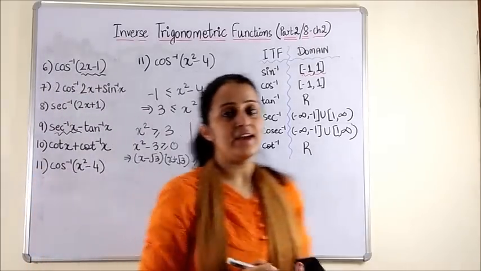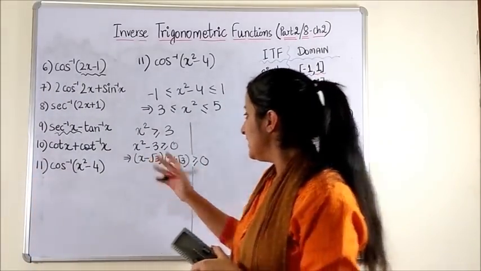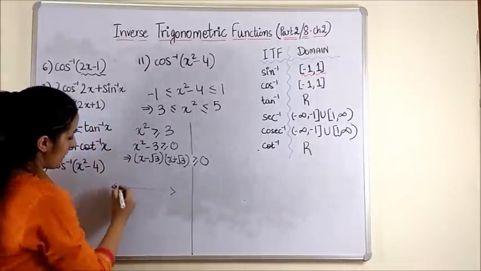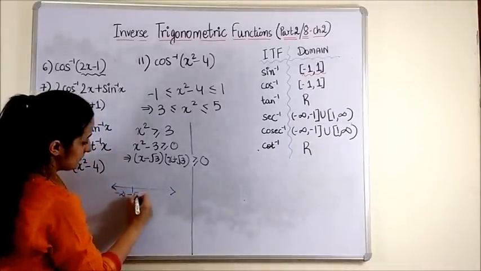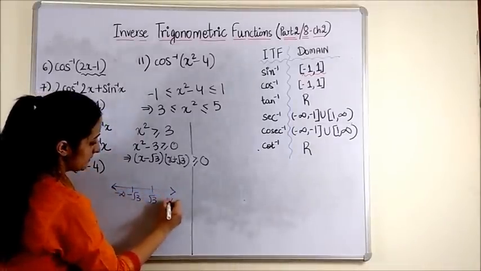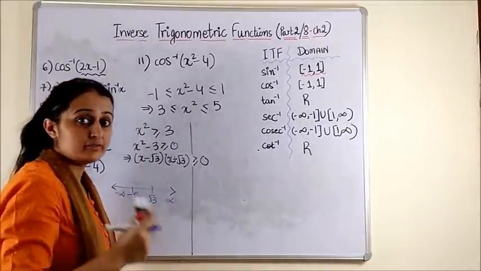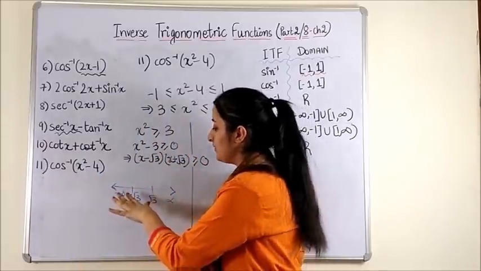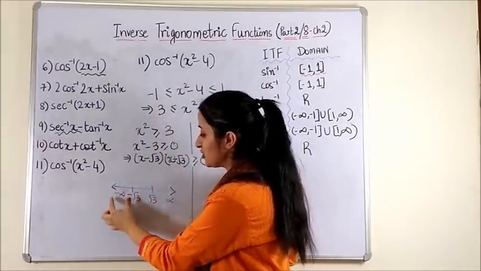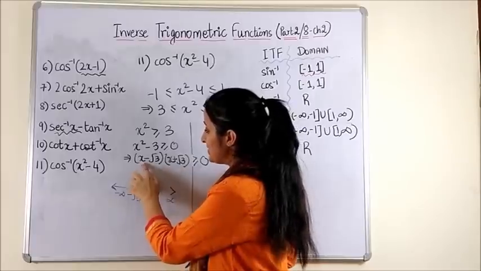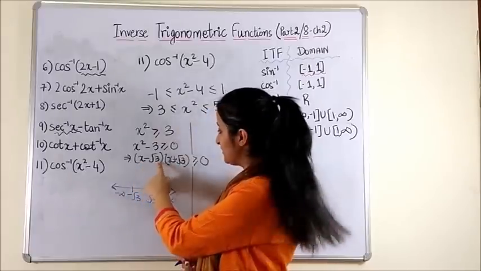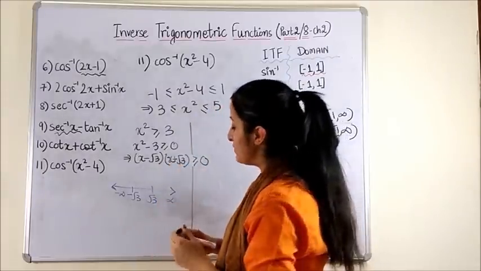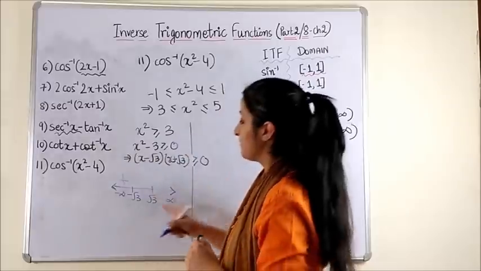Okay. Once again, moving to your number line method, let's see what is the answer for this number line. Try looking for the values for each of these subintervals. So let's say we try to choose minus 3 for this. So minus 3 minus root 3 gives us a negative expression, and minus 3 plus root 3 again gives us negative, which makes this interval positive.